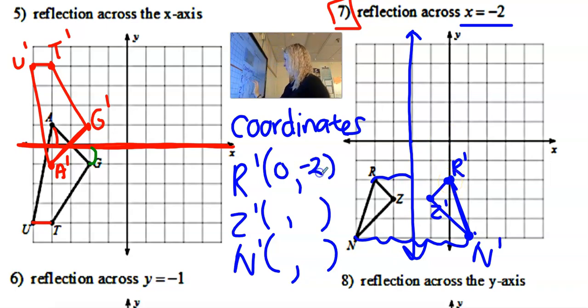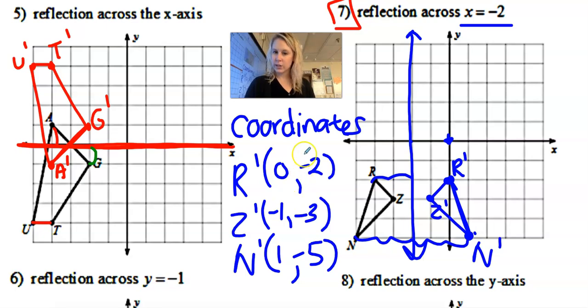So 0, -2. Z would be at a -1. Start at your origin always. -1, 1, 2, 3. -1, -3. And then N would be at a +1, 1, 2, 3, 4, 5. -5. So if it ever wants you to find coordinates, that's kind of what it means. Give me the ordered pair of their new image.